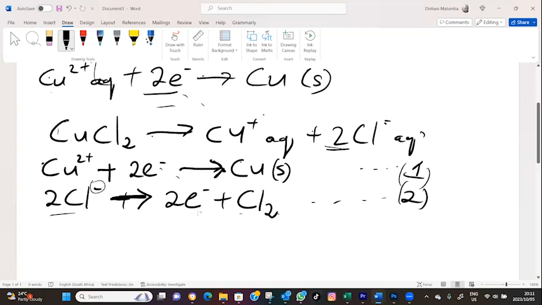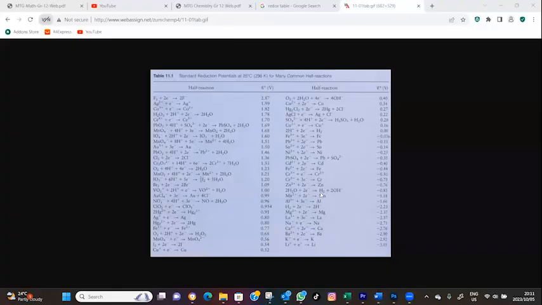Now, if we go to the table of potentials, where is copper? Yes, we have copper.